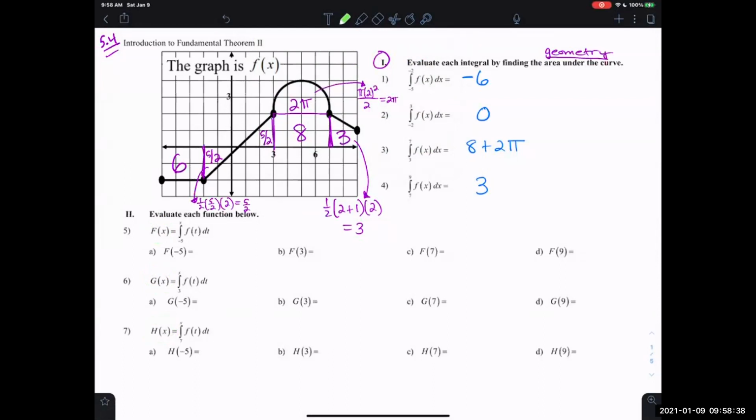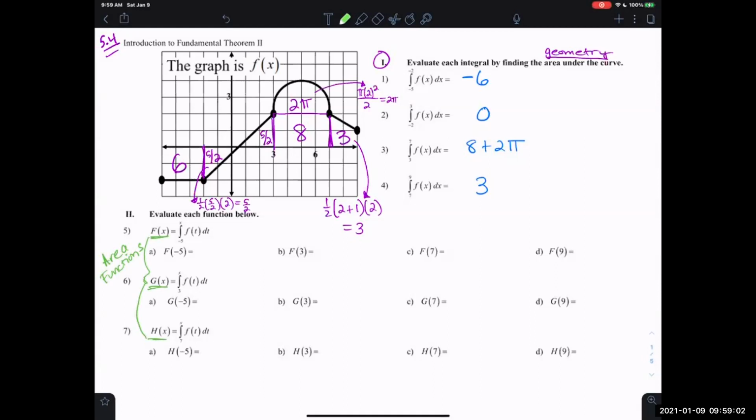So they're all representing different area functions. That is the important piece to take away. They reference the same graph, which is the graph above. So all of these are just area functions.